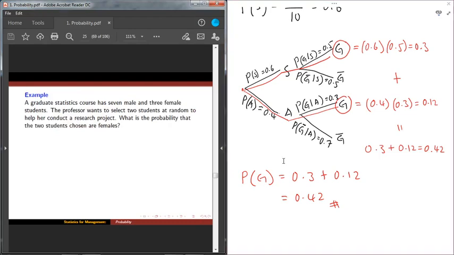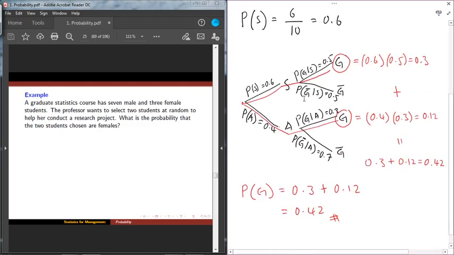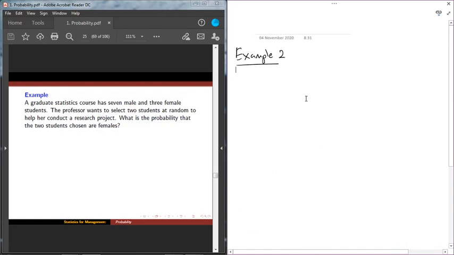Example. A graduate statistics course has 7 male and 3 female students.